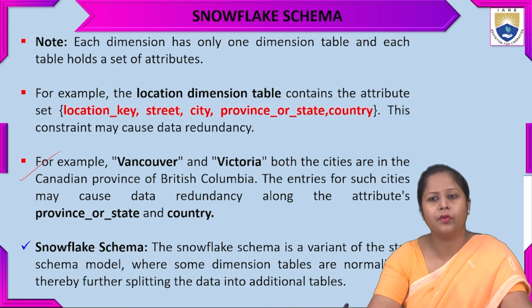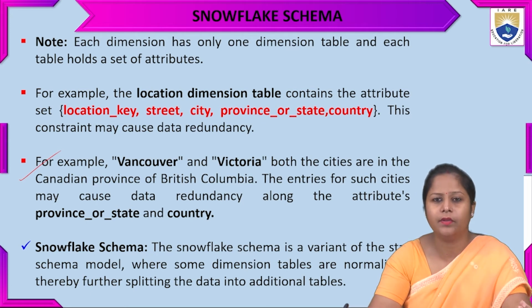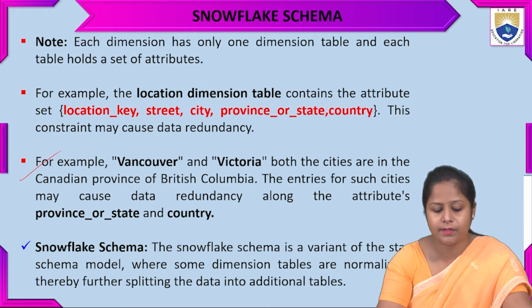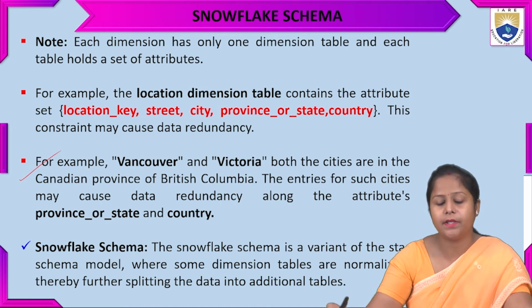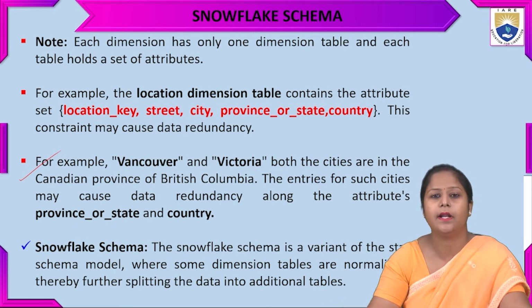The Snowflake schema is a variant of the star schema, but here some of the dimension tables are normalized, and then split again into additional tables. That is the difference.